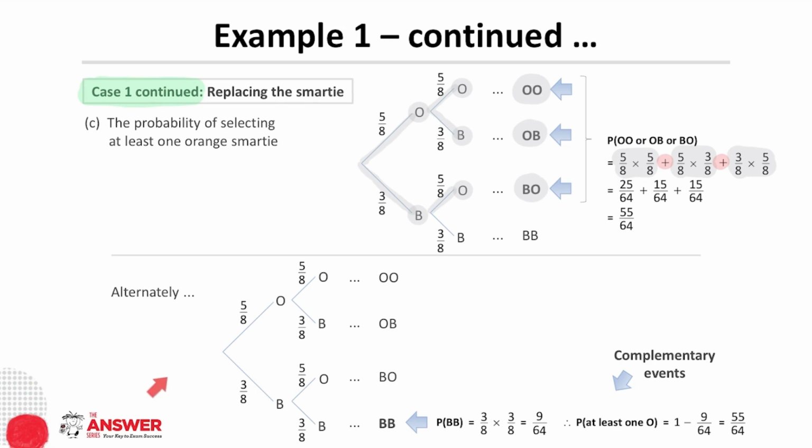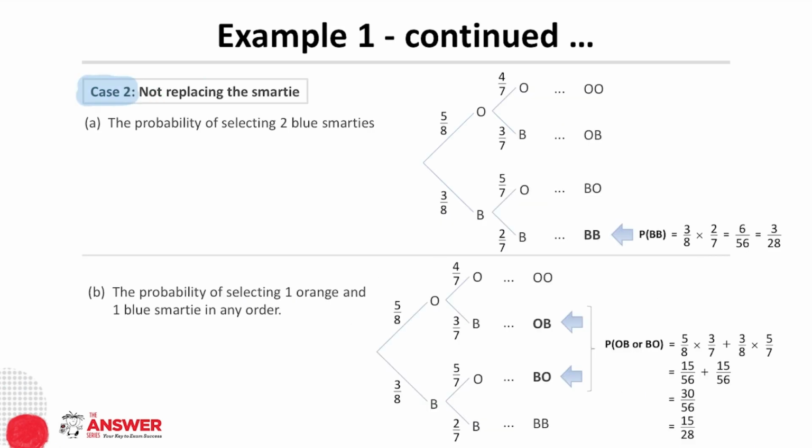Alternatively, you can find the probability of not getting an orange Smartie and then use complementary events in order to calculate the probability of selecting at least 1 orange Smartie. The probability in each of these works out to 55/64.